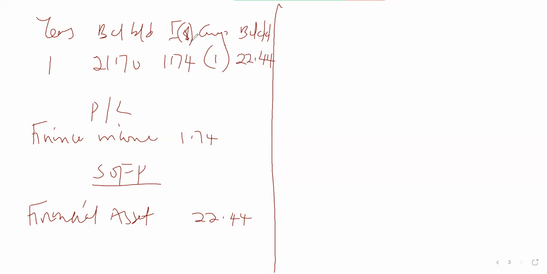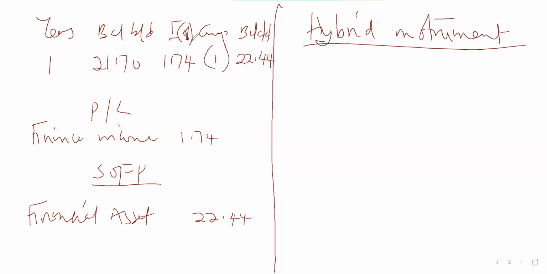So let's look at what we call a hybrid instrument or a compound instrument. This particular instrument has the characteristics of debt and also the characteristics of what? Equity combined. So whenever these instruments are issued, we have to separate them.